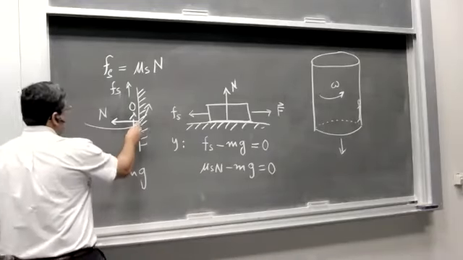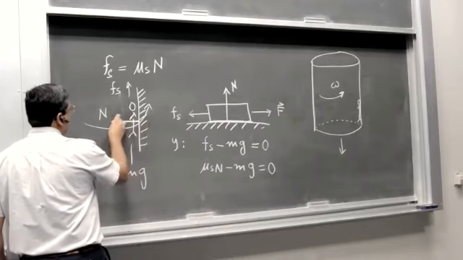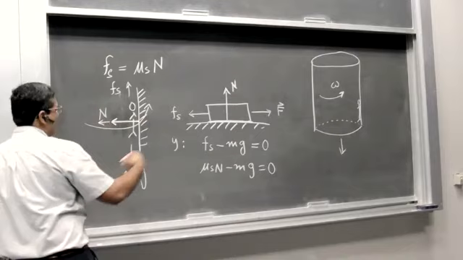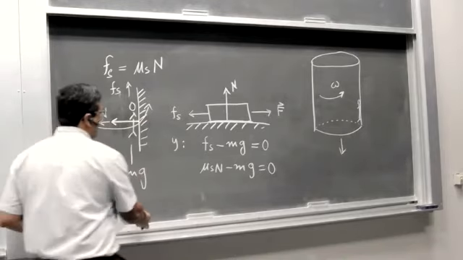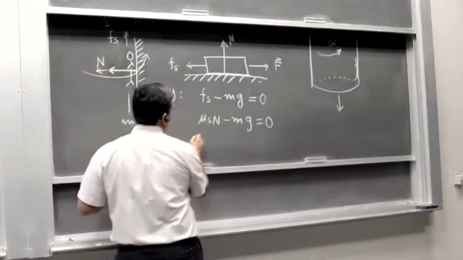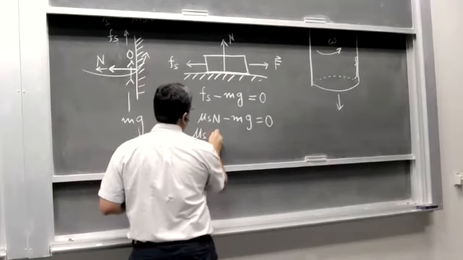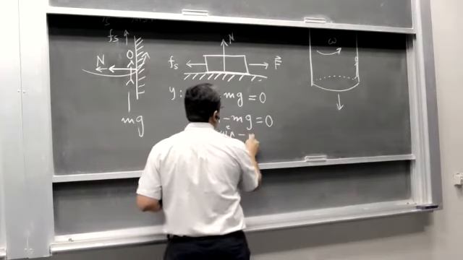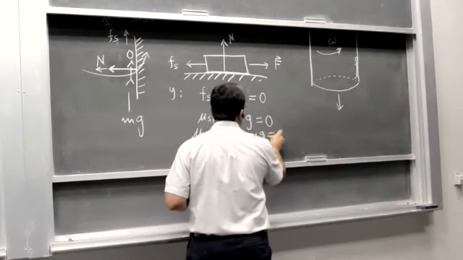Yes, exactly. So this is exerting the normal force, and it is causing an acceleration in this direction. That is the centripetal acceleration. So N is m omega square r, minus mg equals 0.